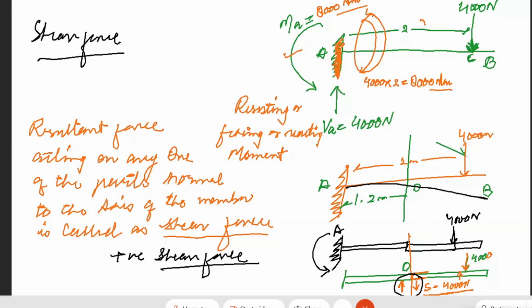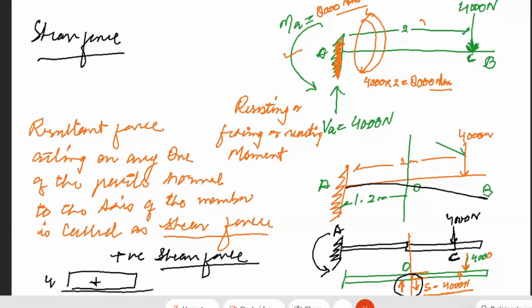As in the shear force diagram, you have already said that there will be a shearing force of 4,000 at every point between A and C. The shear force will be somewhat like this in the positive direction.